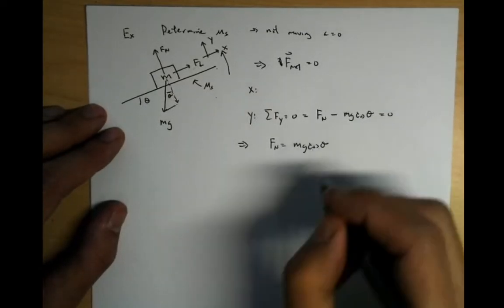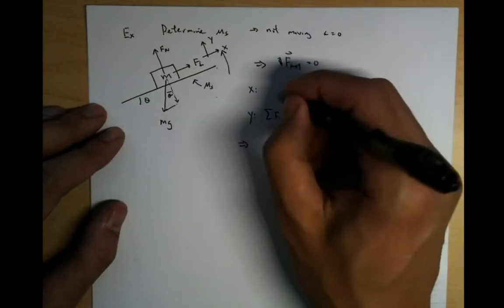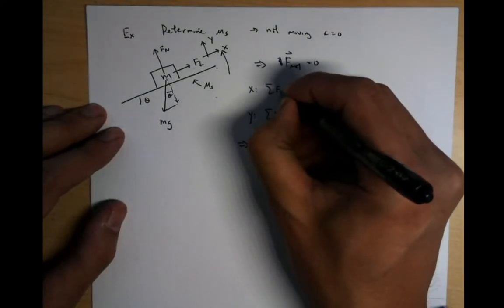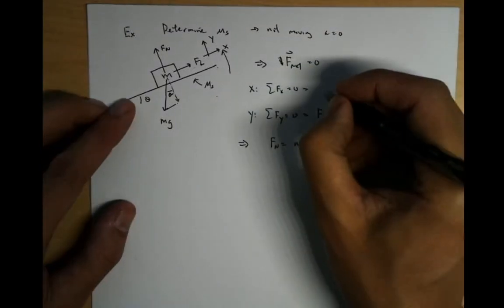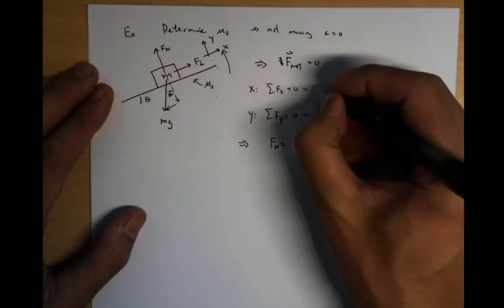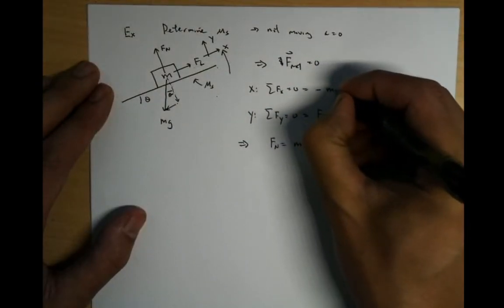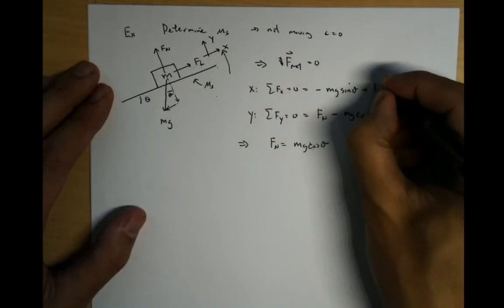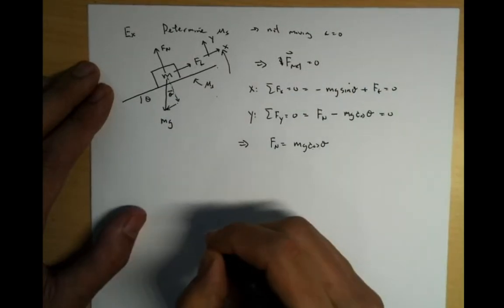So that checks out. All right, so now let's do the x-axis. So the x component, sum of the forces in the x direction equals 0. Well, let's see. So I have a component along this way. So that's minus mg sine of theta, and then plus f of f equals 0, right?